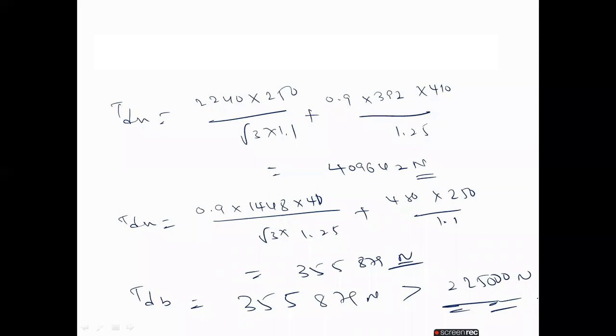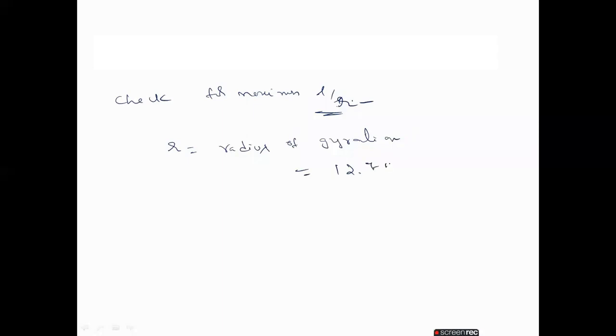Now the last check is the check for maximum L by r ratio. Here r is the radius of gyration, the value is 12.7 mm, which we took from the steel table for the ISA 175.